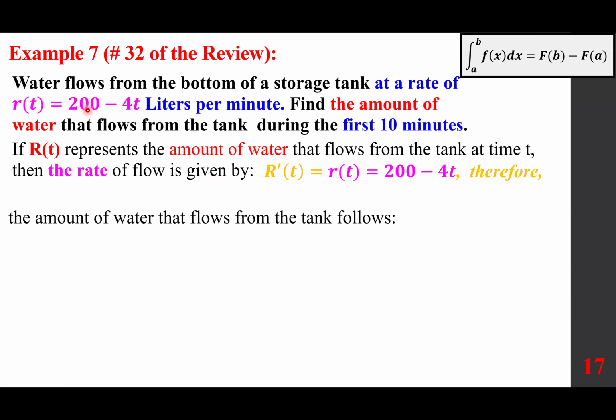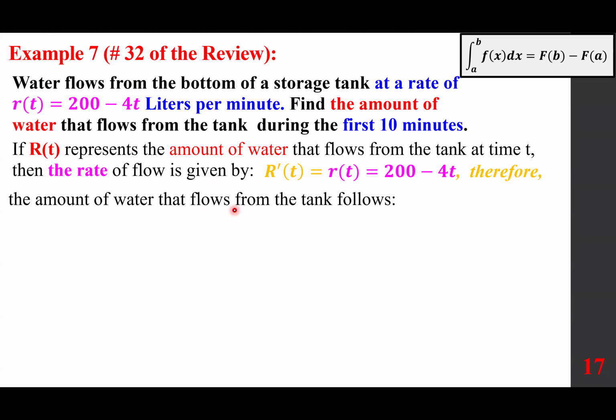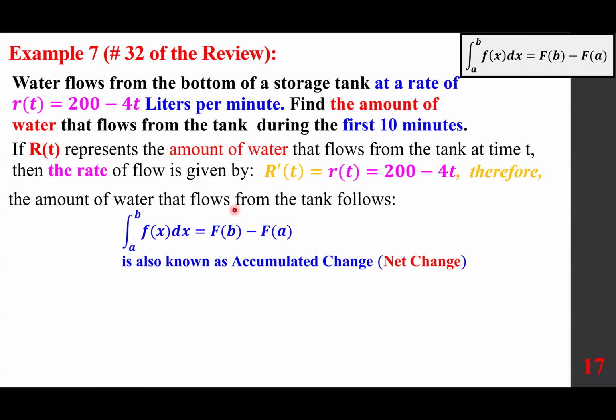Therefore, the amount of water that flows from the tank follows what we call the net change theorem: the integral from a to b of f of x dx, which is capital F of b minus capital F of a, is also known as accumulated change or net change.